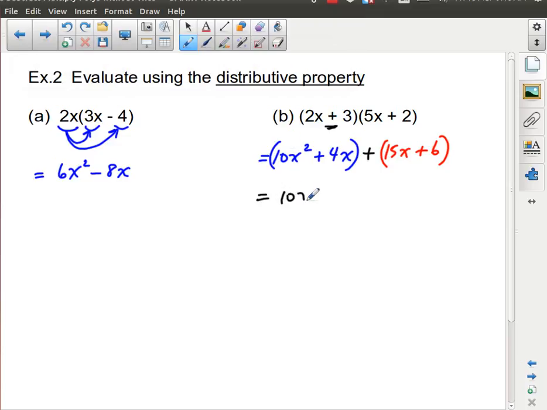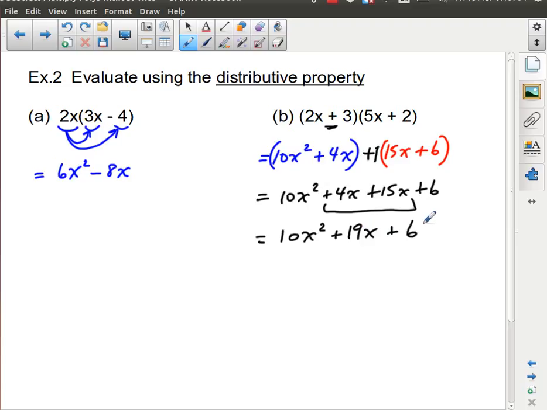10x squared plus 4x, positive, don't forget this is positive 1 times 15x, that's plus 15x, positive 1 times positive 6 is plus 6. And notice we've got those 2 middle x terms, and this becomes 10x squared plus 19x plus 6.